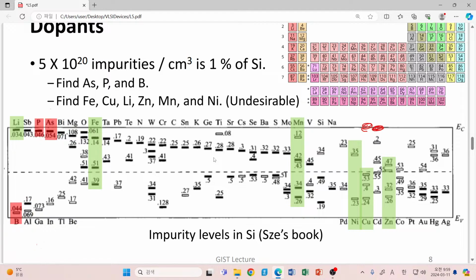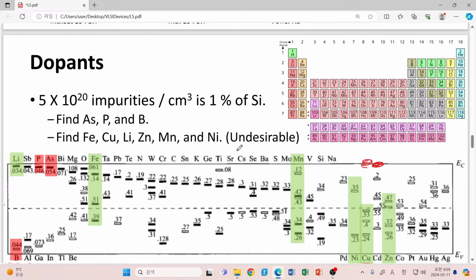Before starting our discussion, we must talk about dopants, or sometimes we call them impurities. We must understand that although we have introduced seemingly quite a lot of impurity atoms into our silicon, compared with the total number of silicon atoms the ratio is quite low.